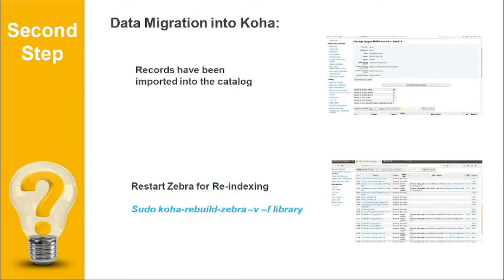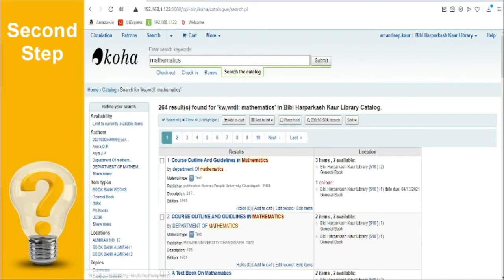Then all the records will be imported into the catalog, and we have to restart Zebra for reindexing of the database. So likewise we can migrate, and this was the process of how we migrated our Excel data into our Koha database.